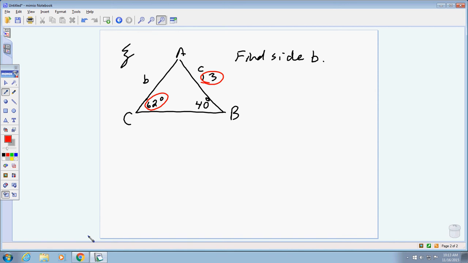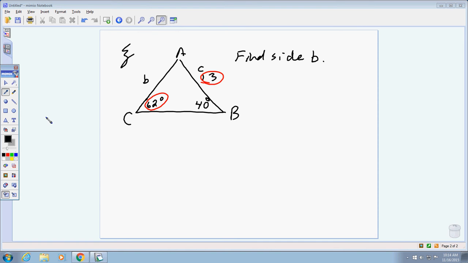When I say yes to that, what law am I allowed to use? The law of sines. It's really the easiest thing you'll ever do in your life. As long as I have that corresponding side and angle, and I have one other piece of information. Do I have one other piece of information? What do I have? Angle B.